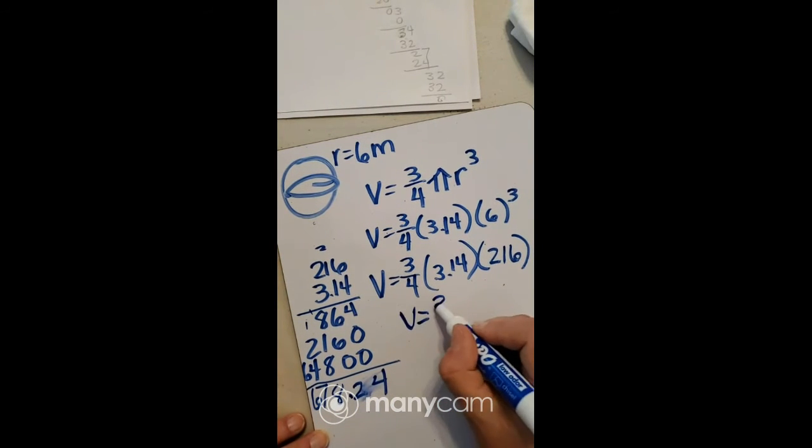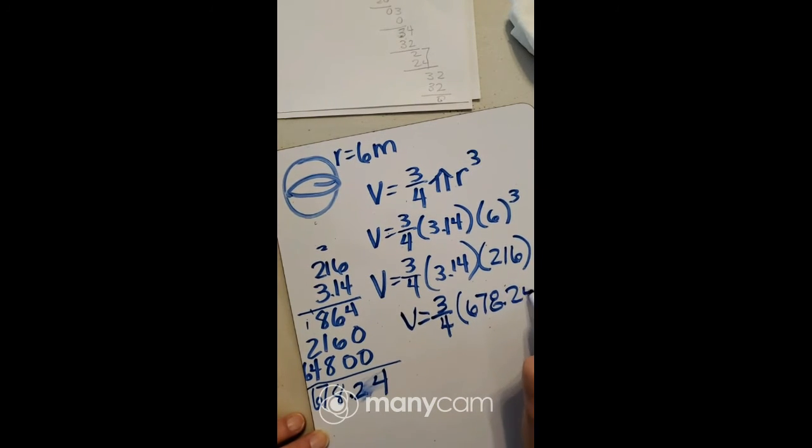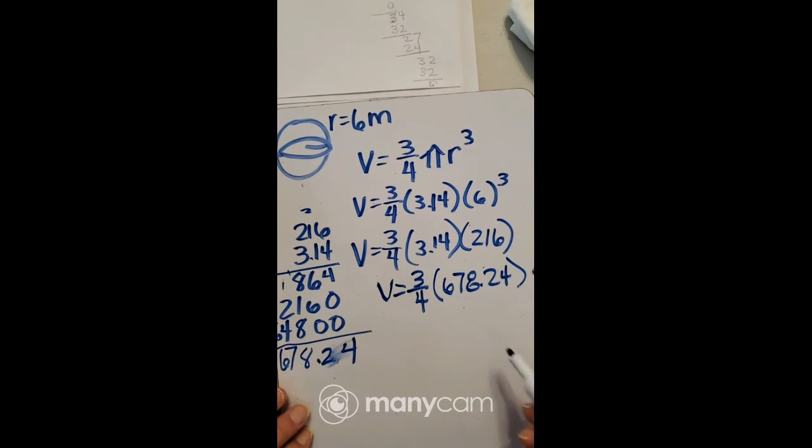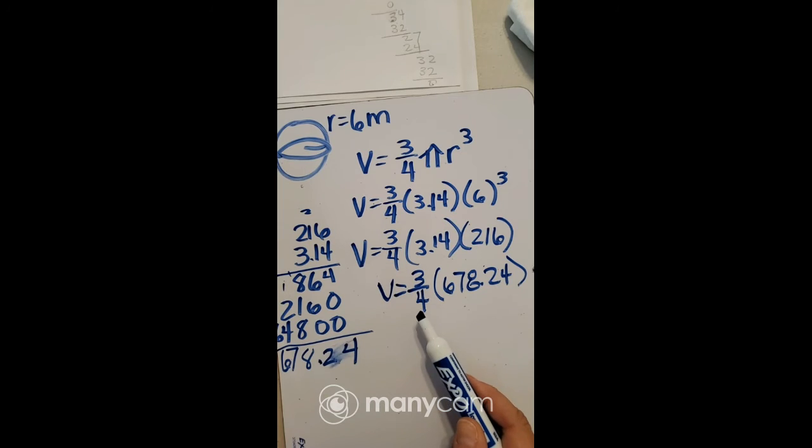Now, volume equals 3/4 times 678.24. It looks ugly, but it's not that bad. It's this times 3, then divided by 4.